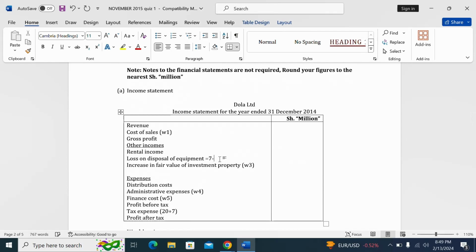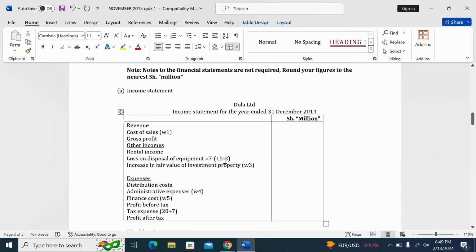We deduct the book value of that equipment. The equipment had a cost of 15 million. If you take 15 million, you deduct 3 million, you are going to get the book value. Therefore, 7 million, you deduct the balance here. That is when you are going to get the loss on disposal.